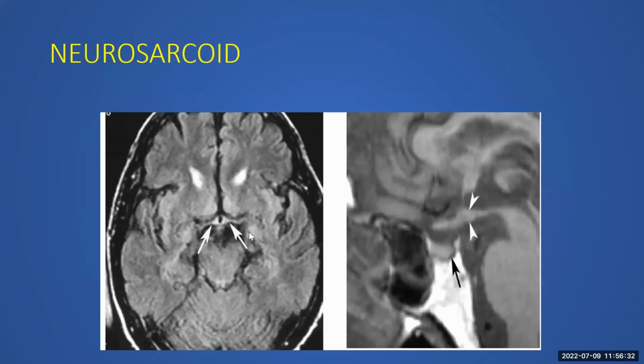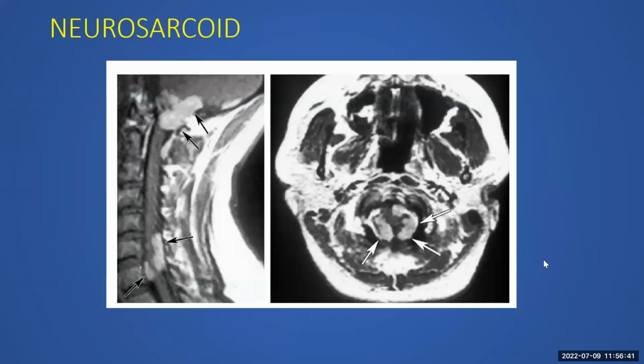Here there is involvement of the hypothalamus, which is enlarged and probably shows some enhancement. A little more dramatic leptomeningeal enhancement in the region of the foramen magnum. Here it's almost causing compression of the spinal cord, and also in this region in the cervical cord.